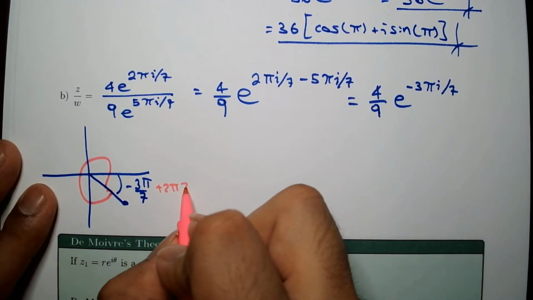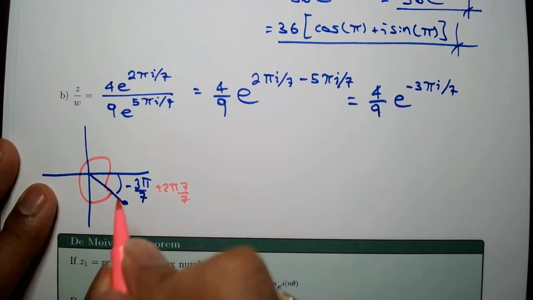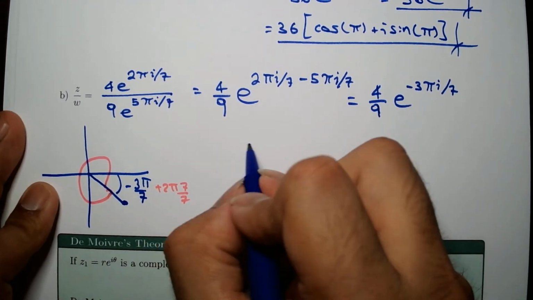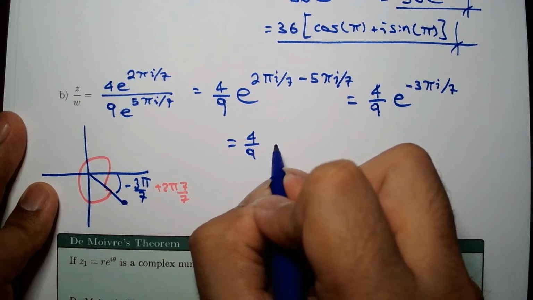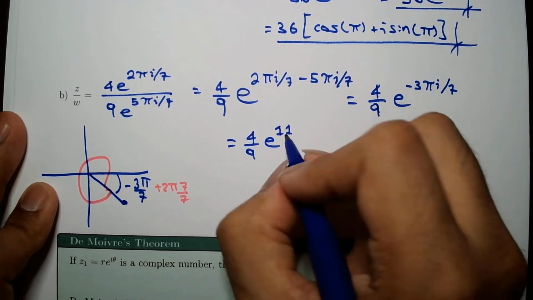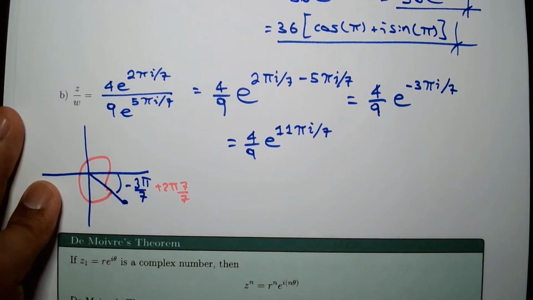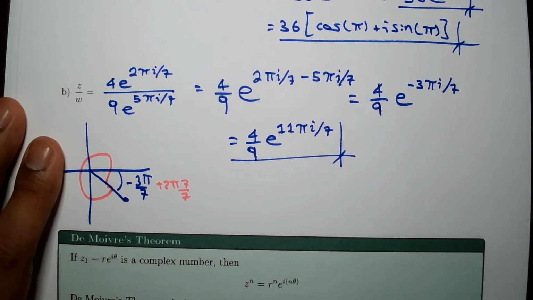In this case, 7/7, 2 times 7, that's 14 minus 3. 14 minus 3, isn't that 11? So this is going to be 4/9 e to the 11 pi i over 7. And that's the final answer in exponential form.